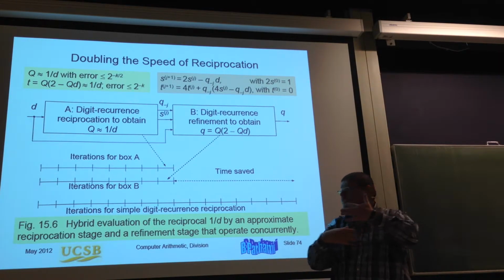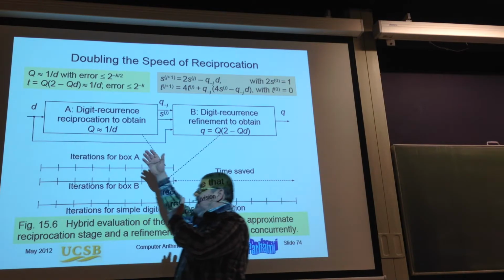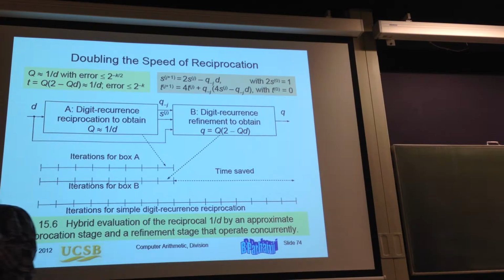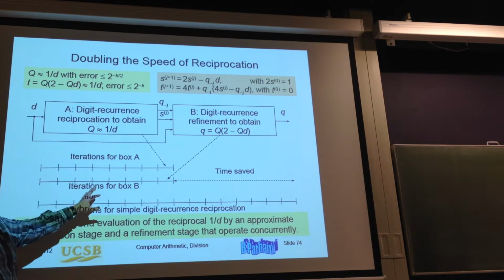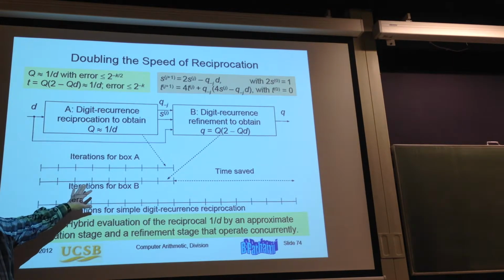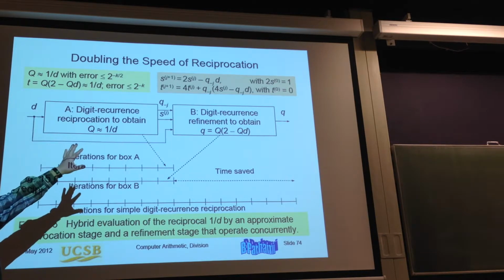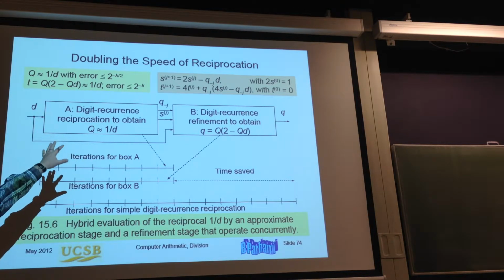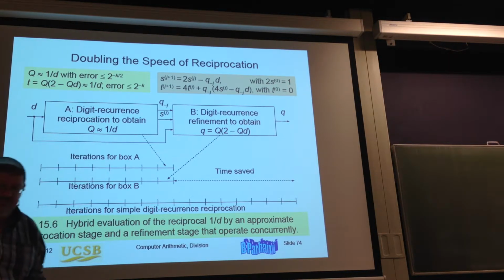You have a low accuracy iteration and a high accuracy iteration. They work in parallel, and they will allow you to complete the calculation in less time. But you will have to have two engines, each of them implementing, again, a different kind of convergence rule.